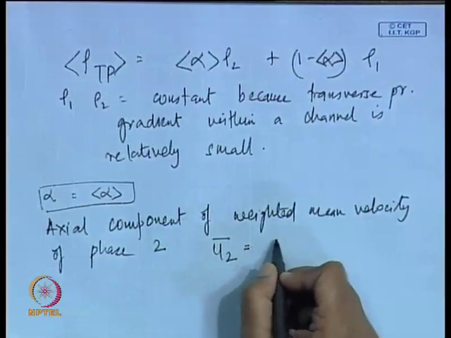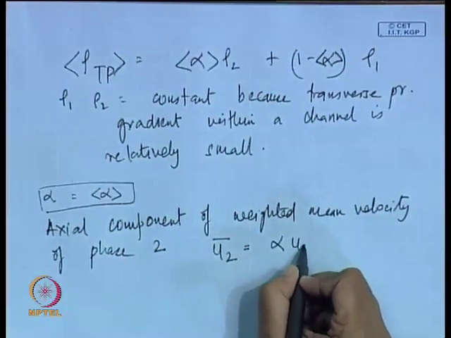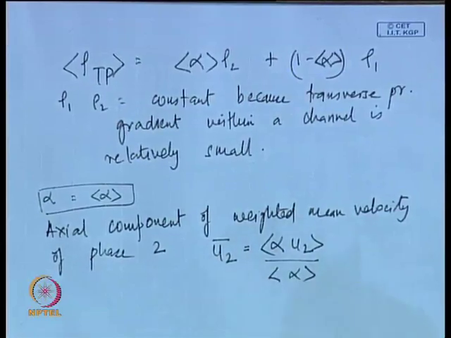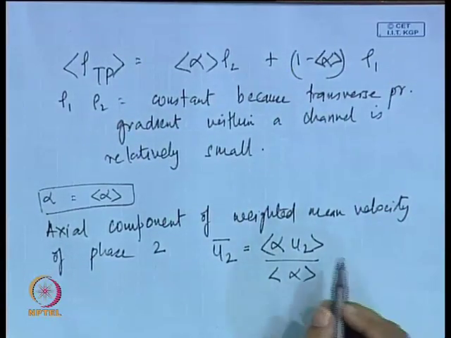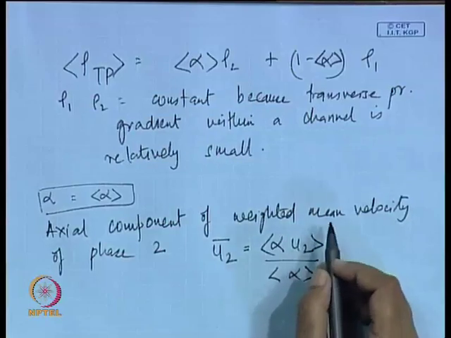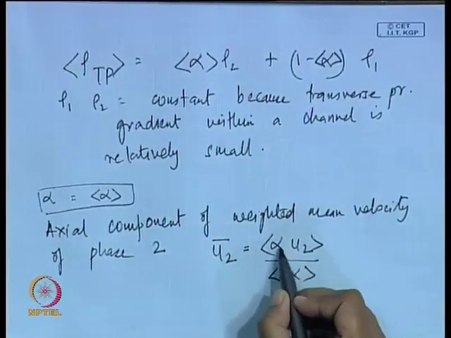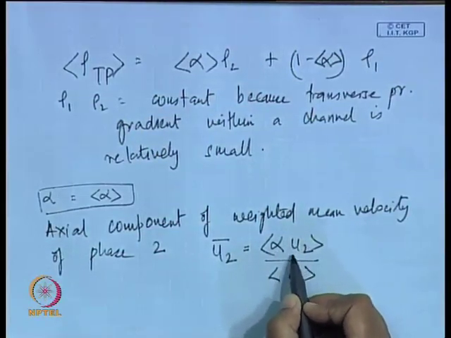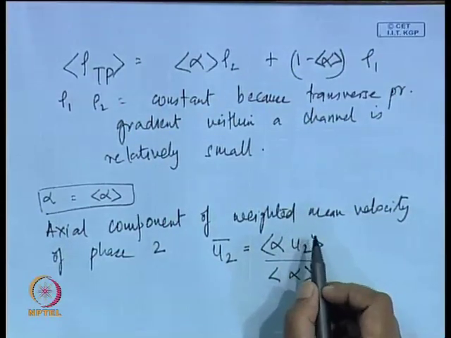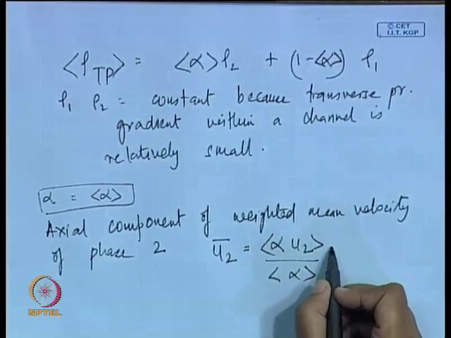If we write, this is alpha U2 divided by alpha. Agreed? Now, we know what alpha U2 is equal to. This is the void fraction multiplied by the in situ velocity of component 2. So, therefore, this gives you J2.